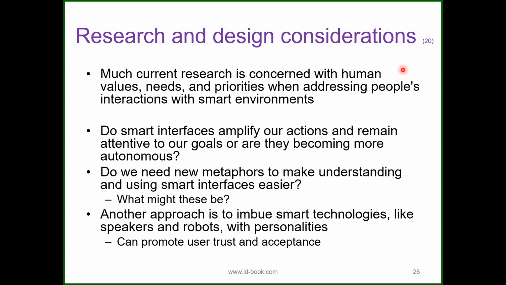Research and design consideration. Much research is concerned with human values, needs, priorities, and addressing people's interaction with the smart environment. Do smart interfaces amplify actions and remain attentive to our goals, or are they becoming automatic, autonomous? Are they working on their own, or taking input from the user, or involving humans in some way?